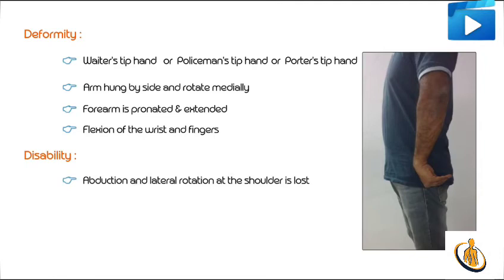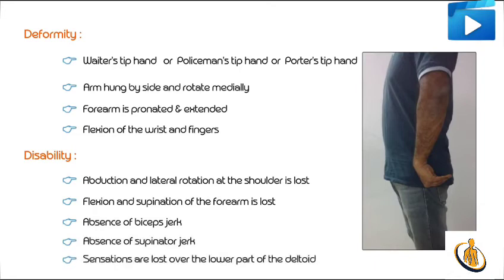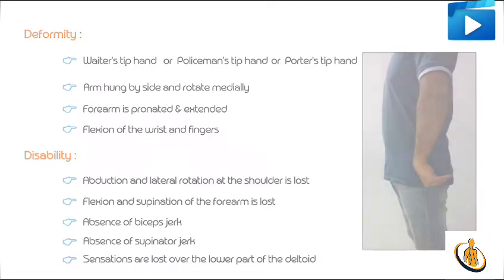The flexion and supination of the forearm are lost, and there will also be absence of biceps jerk. You can also see absence of supinator jerk, and the sensations are lost over the lower part of the deltoid. So this is what you need to know about Erb's paralysis.